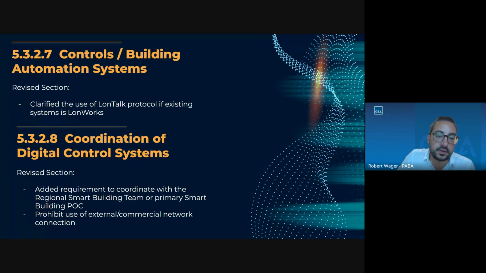There's clarified language on use of LonTalk protocols. There are added requirements to coordinate with your regional building smart teams and your smart building points of contact for coordination of digital systems. It's just an effort to try to maintain consistency in our building control systems, which we felt was falling short in terms of requirements and also guidance for those who weren't familiar with who to talk to.